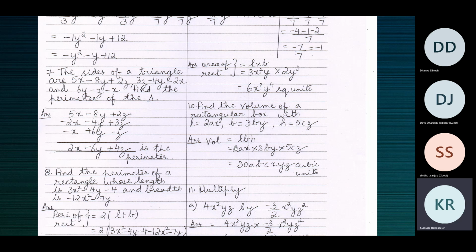Let's multiply the numbers. 2 threes are 6, 6 fives are 30. Then all the literal factors must be multiplied. So it'll be A into X into B into Y into C into Z. I've just arranged it like this: A, B, C, X, Y, Z. Cubic units because it's volume.